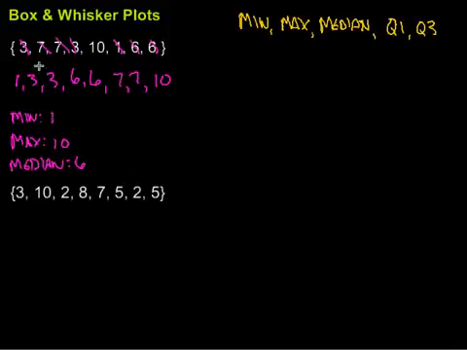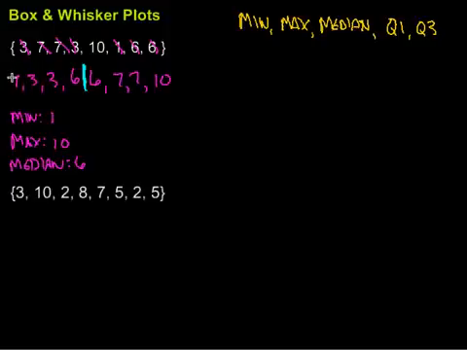Then I need to find the quartiles. The first quartile is the median of the first half of the data. So here's my middle again. To find the first quartile, I'm going to look at this section of the data and find the middle of that.